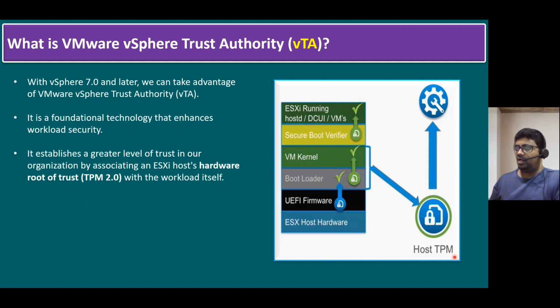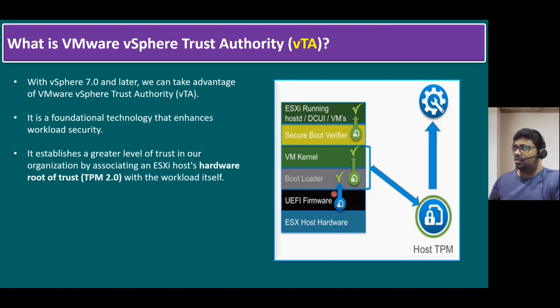TPM means Trusted Platform Module. It is a microchip installed in our hardware. This chip will collect and establish the information, and it will also interact with the micro bootloader and VM kernel. All the information it will capture and keep in the host TPM, and it will also validate the host hardware and firmware.